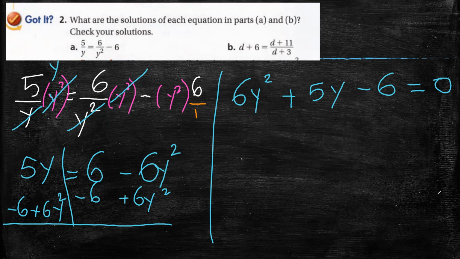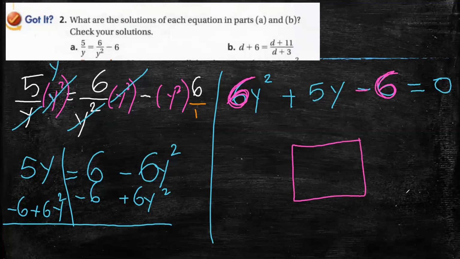Now we go to our lesson in chapter 8 or 9: if we have a quadratic equation, you have to factor a times c. Here we have 6 and negative 6, so negative 36.